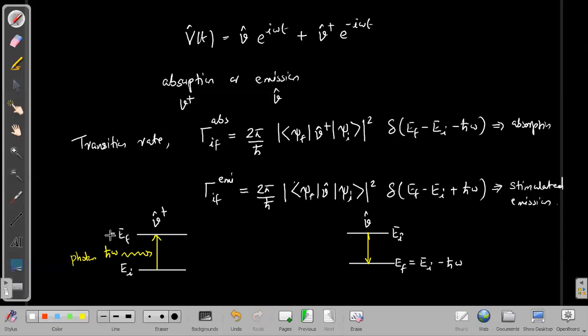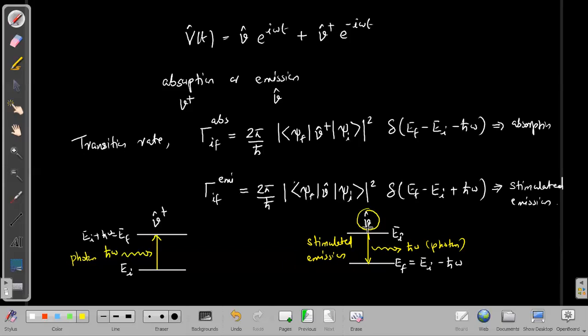Here, for absorption, EF is equal to EI plus H cross omega, and here the energy H cross omega gets emitted, and this emission is called stimulated emission, because this emission is due to this perturbation term.